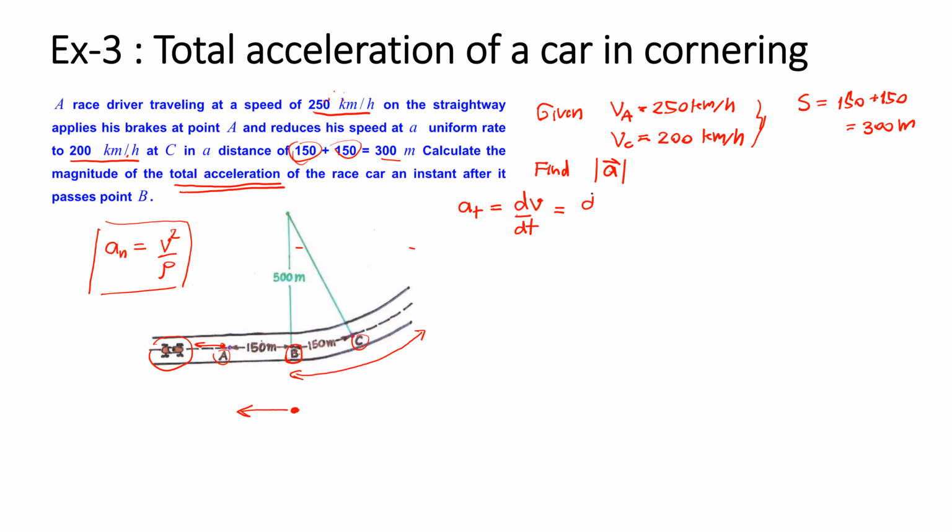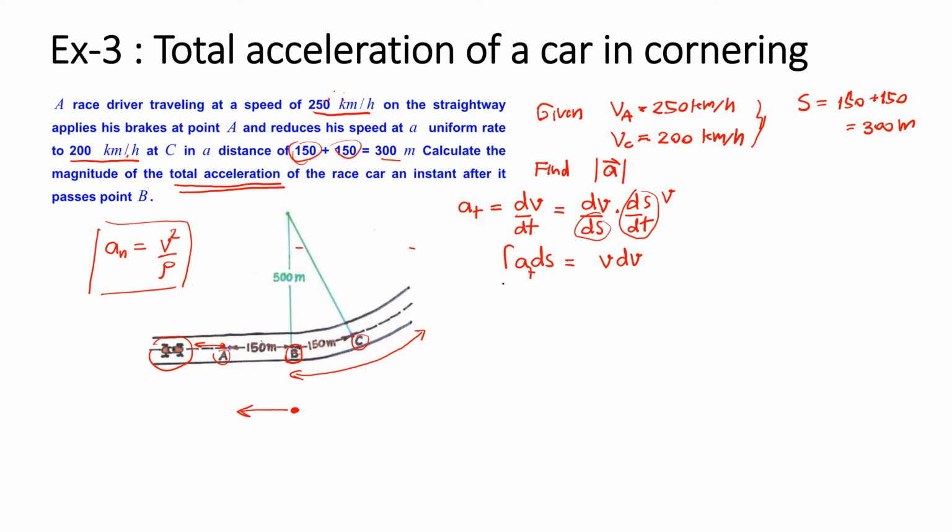So why not we try to relate the speed to the distance and the distance to the time. So by this relationship, this is velocity. We can compose the relationship between acceleration, displacement, and the speed. Right? A tangential multiplied by the ds is equal to v dv.